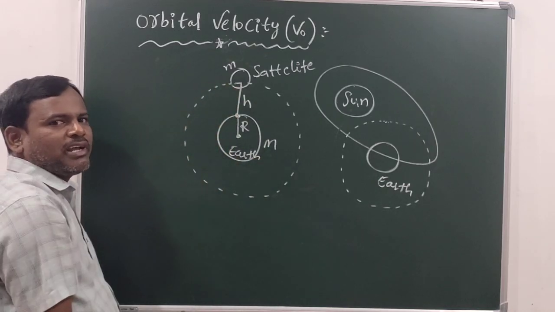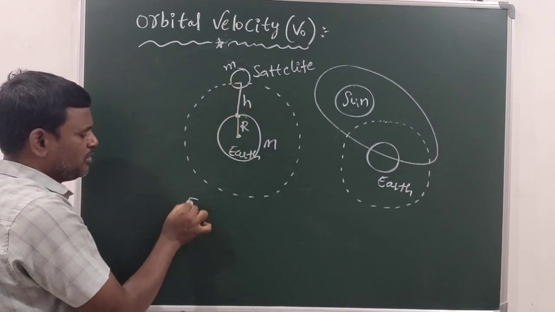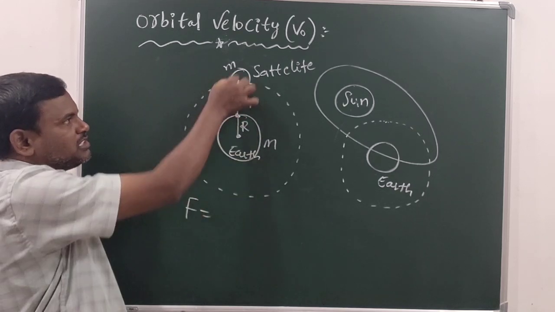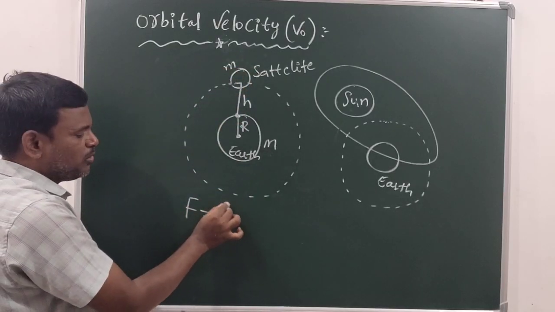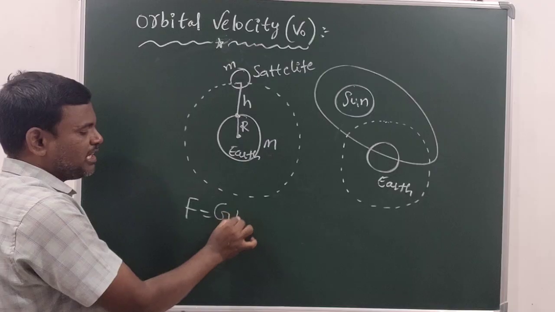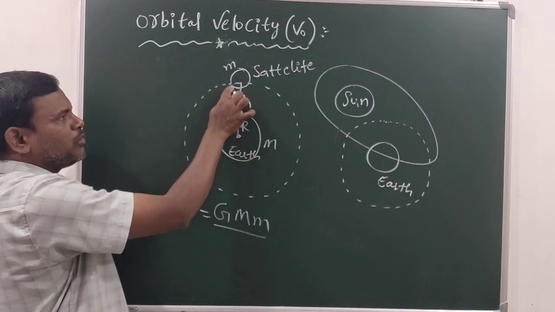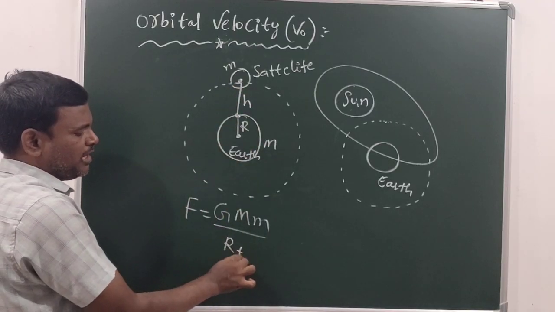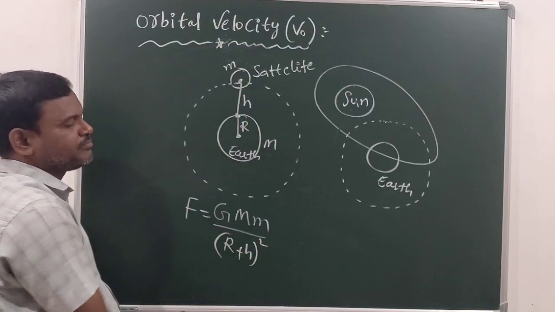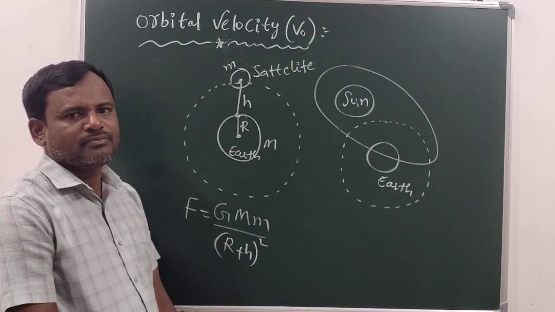Now apply the universal law of gravitation between these two. So this is attracting towards the Earth, no? Hence capital F is equal to capital G, capital M, small m by, from here to here R, from here to here h. Hence, R plus h whole square.